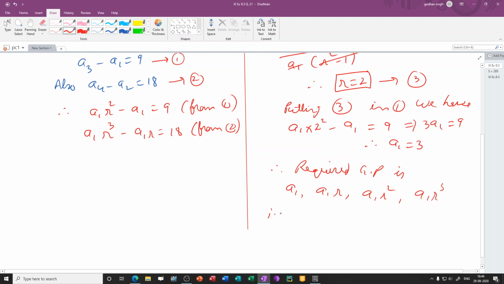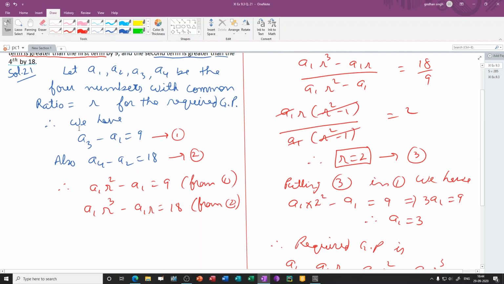That is, what is A1? 3. What is R? 2. So 3 into 2, 3 into 2 square and 3 into 2 cube, equal to 3, 6, 4 into 3, that is 12, and 8 into 3, 24. So this is the required GP in our question number 21.